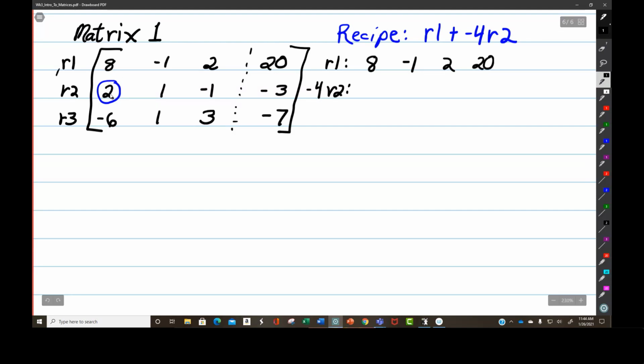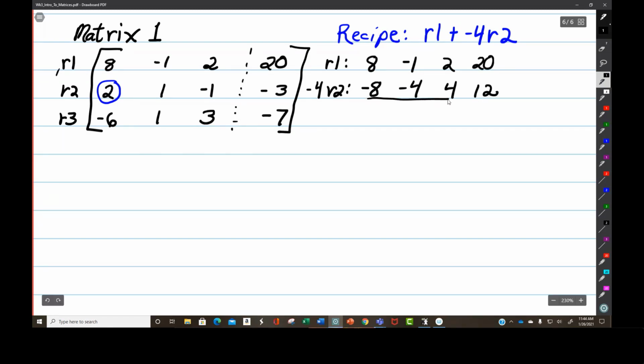So -4 times 2 is -8. -4 times 1 is -4. -4 times -1 is +4. And negative 4 times negative 3 is positive 12.